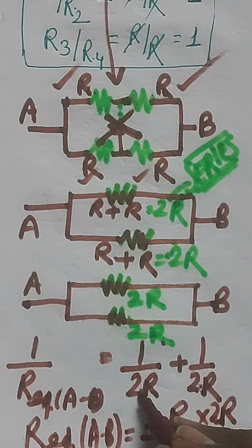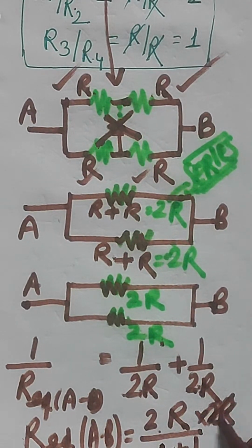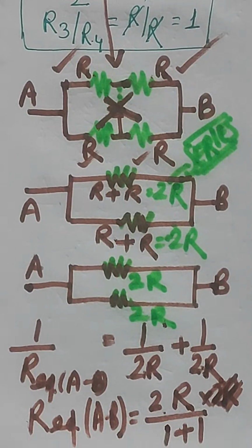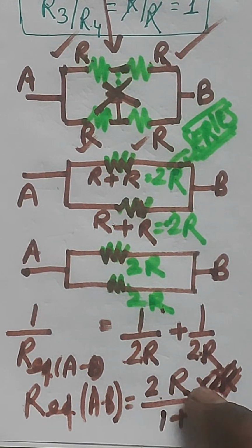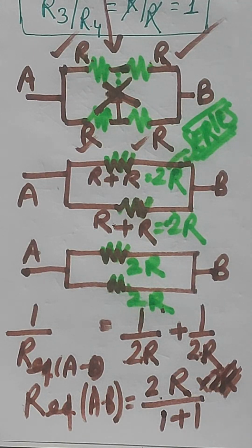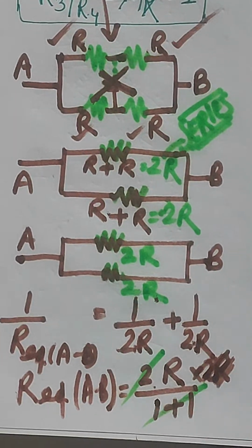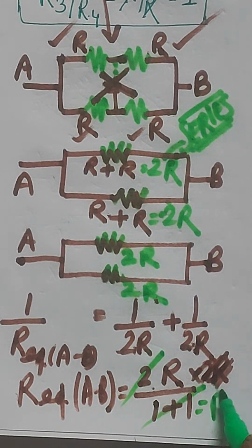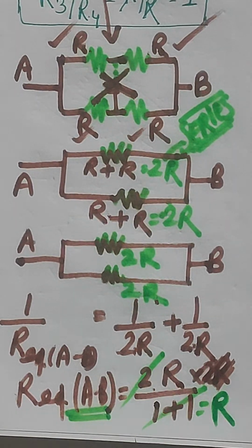So you take only 2R because you are taking the LCM. Simply you can see 2 and 2 will be cancelled out and only R will be left. We have only R as the equivalent resistance between A and B.